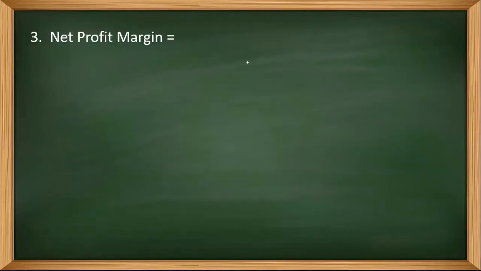Let's proceed with the third ratio under profitability ratio. The third one is the net profit margin, which is also expressed in percentage. So what will be the formula for the net profit margin?